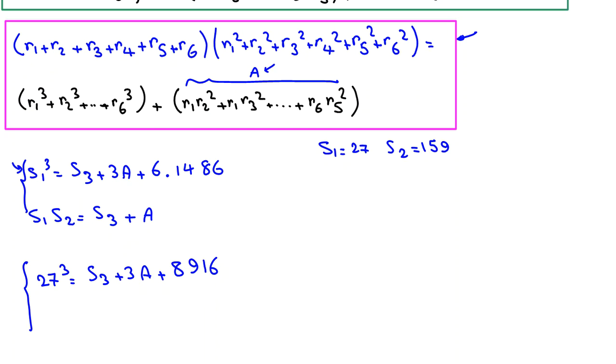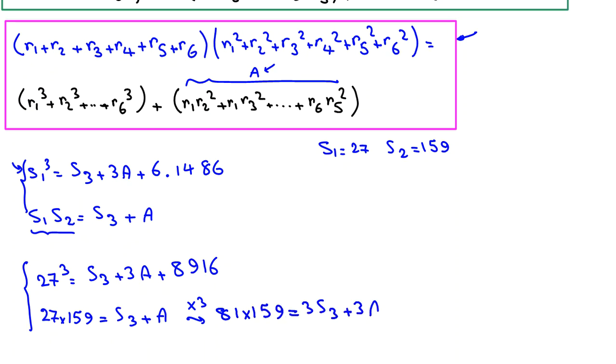Now here, the second equation, S1, S2 will be 27 times 159 equal to S3 plus A. Okay, I want to find S3, so I multiply this one by 3. 3 times 27, 81 times 159 equal to 3S3 plus 3A.